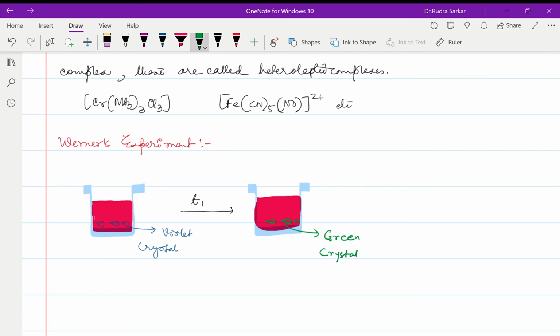So the first batch, you get some crystals, say it is violet, you pour the solution into a different beaker, you wait for a certain time, you're getting green colored crystals, okay? And you're collecting them as you're getting them.